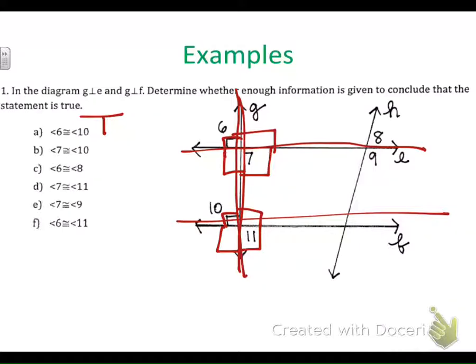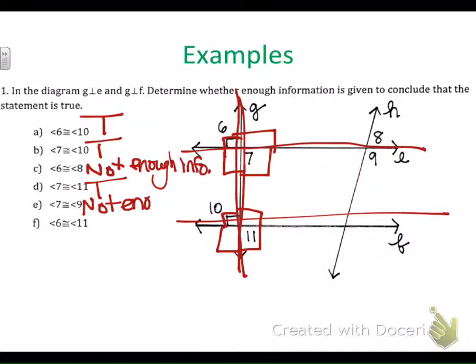They are congruent. 7 and 10, 7 here we know is a right angle, and 10 is a right angle, so that would be true. 6 and 8, we do not have enough info. 7 and 11, those are both right angles, so that would be true. 7 and 9, that is not enough info. And angles 6 and 11, those are both right angles, so that would be true.